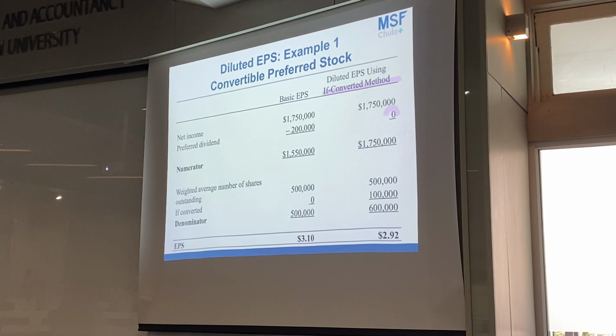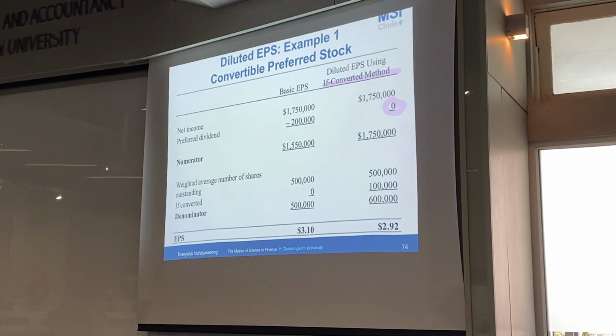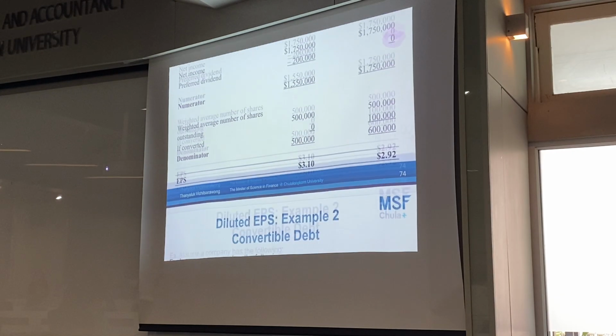So we don't have to subtract the preferred dividend out of this, and we have to add the new shares issued if the preferred stock converted, and then we use numerator divided by denominator, that is the diluted EPS. Right? You can see that it reduced from the basic EPS all the time. Right? So that's the convertible preferred stock.